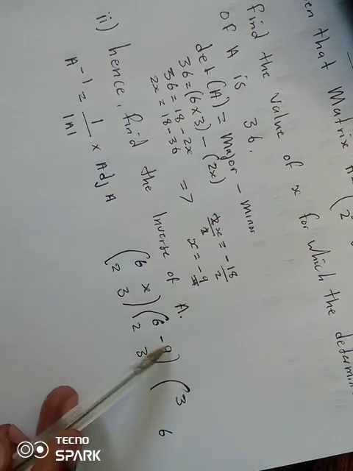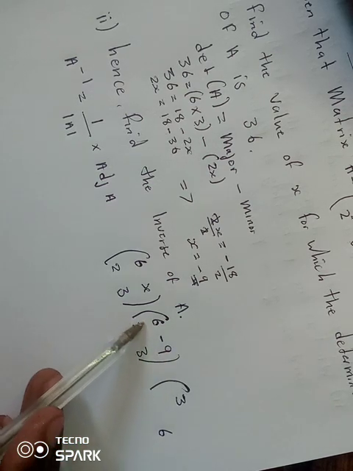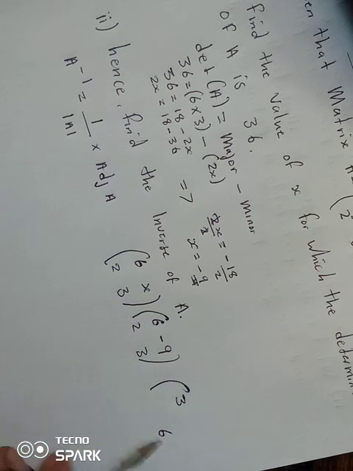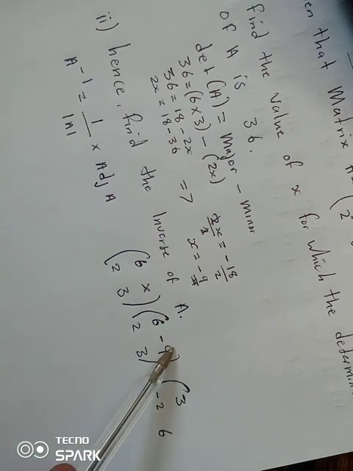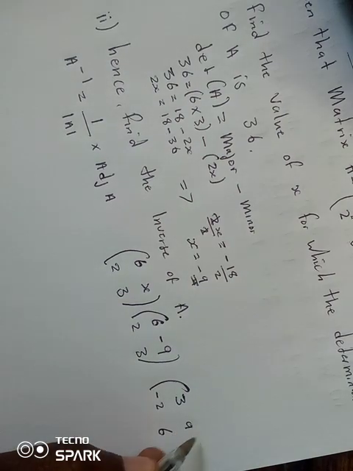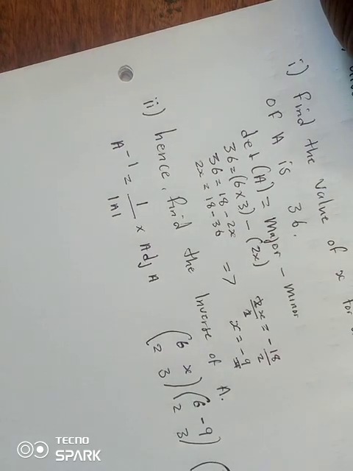In the minor diagonal, only the signs interchange. If this one is positive, it will be negative, so this is negative 2. This one is negative 9, so it will become positive 9. Okay, let us now continue.